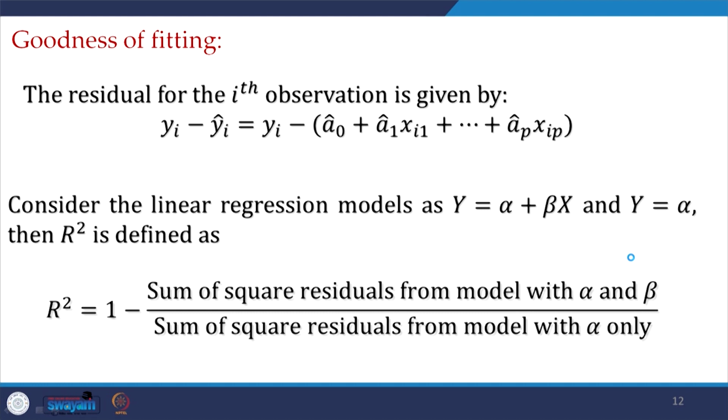Another way of measuring the goodness of fitting is using the R square score. So, as I told you, the residual is nothing but the difference between the actual truth value and the predicted value, which you have obtained using the parameters found by the regression. Okay. So, now consider the linear regression model only, means where I am having only one variable x as independent and y as dependent.